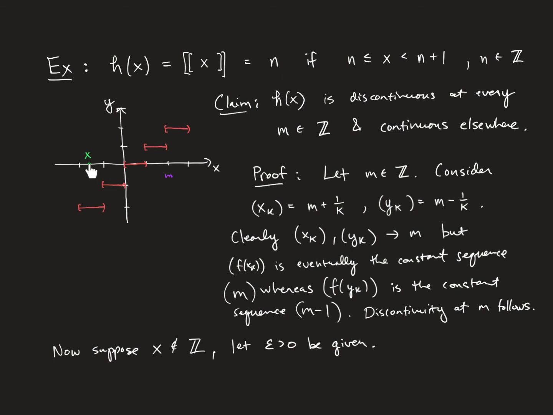All we have to do is restrict the variation, or maybe I should use C, since we've been using C before. So we have C not in Z.